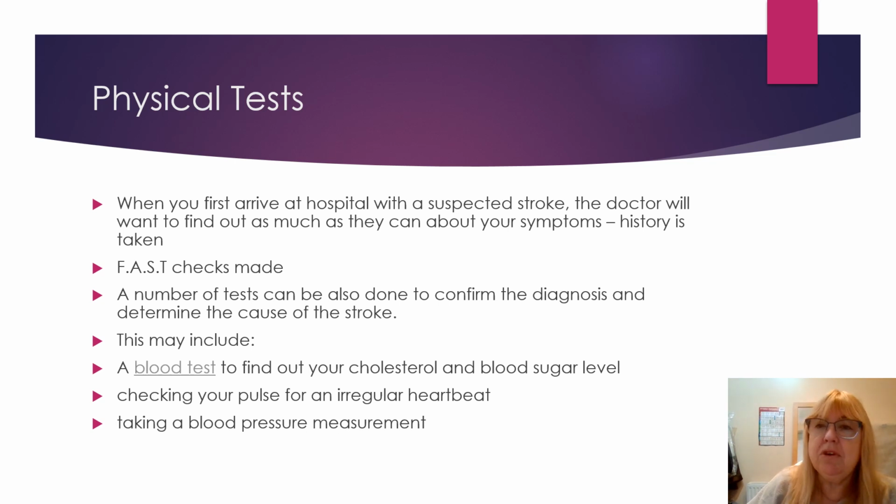As we know, atrial fibrillation is one of the factors for stroke. So they'll probably take a stethoscope and have a listen as well to see how the heartbeat is regulated. And if there are concerns about that, they'll do it electronically as well.